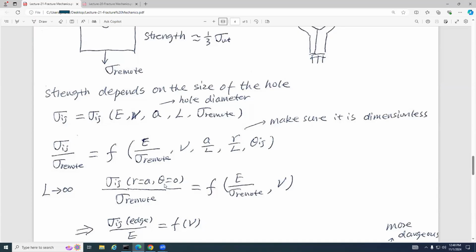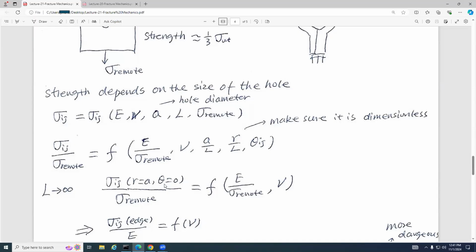When R equals A at this point on the hole, and theta equals 0 in the X direction, I want to calculate the stress at this point. Sigma ij over sigma remote is a function of these variables and nu.